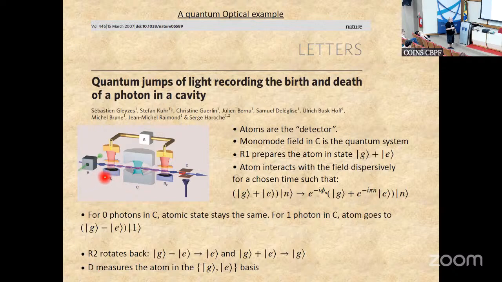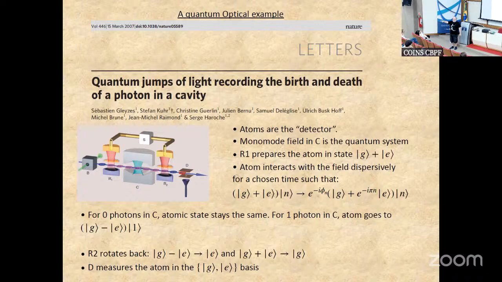They go through this cavity here, whose role is to pick up an atom that is in the ground state and prepare it in a superposition of ground and excited. Then they interact dispersively with the cavity field that I want to measure. This dispersive interaction is timed in such a way that if there are 0 photons in the cavity, the atom stays where it is.